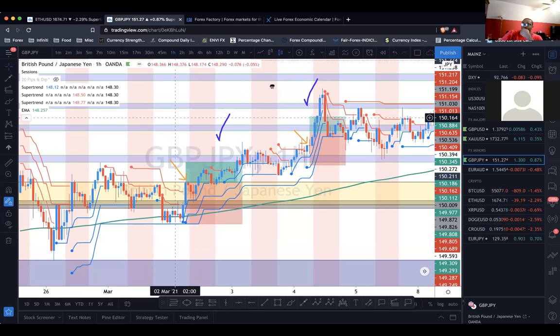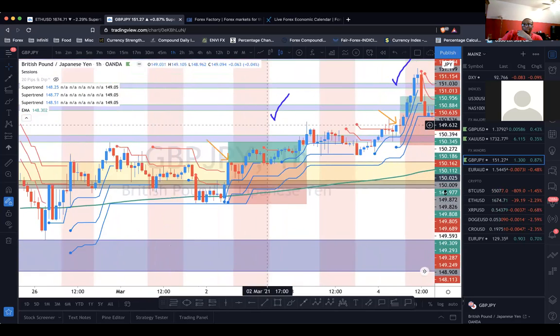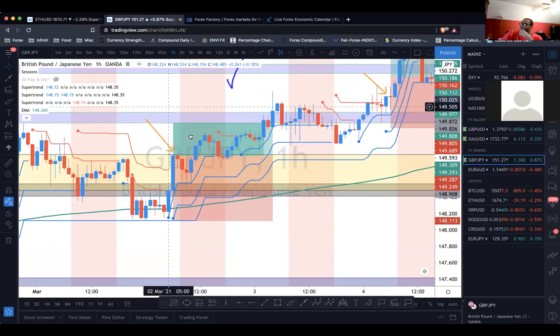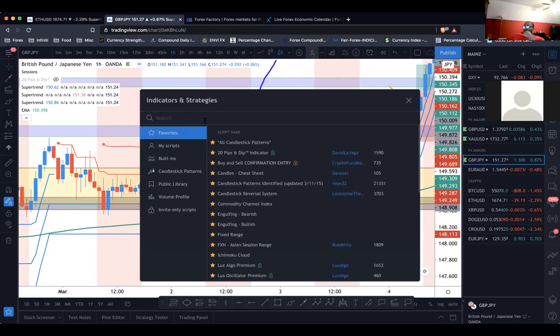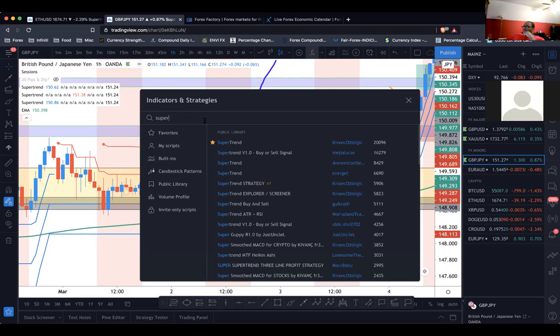Alrighty, so the super trend, we have a video explaining this strategy in depth, but I'll go over just the basics of it. It consists of 3 super trend indicators. In your TradingView, you just type in super trend and it's the first one right here.